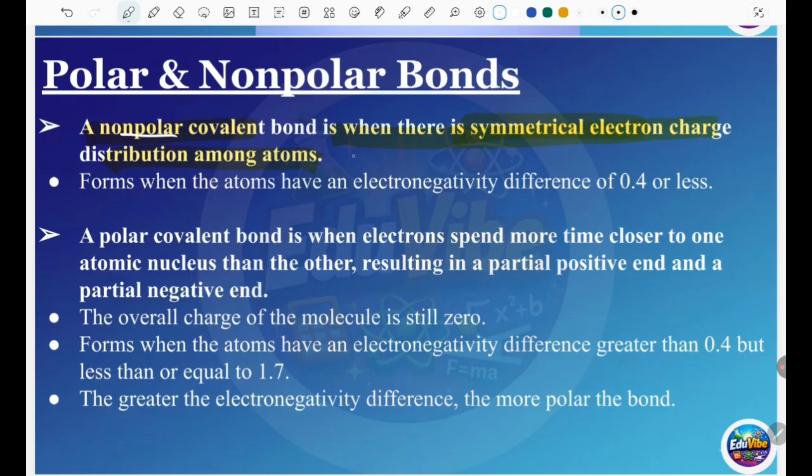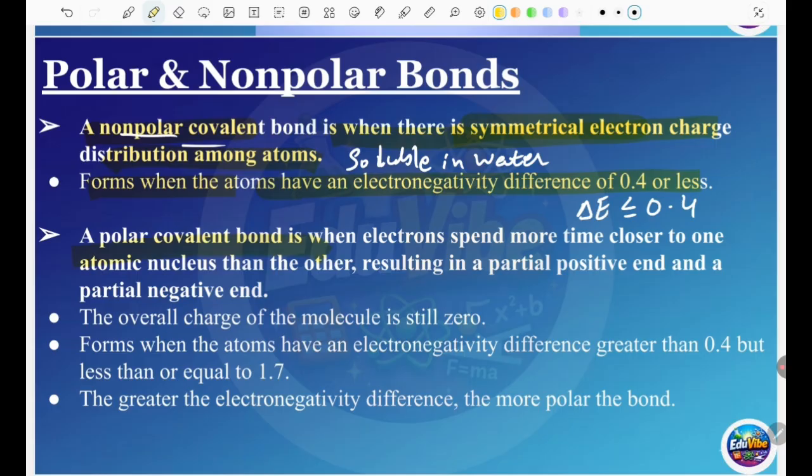It forms when the atoms have an electronegativity difference of 0.4 or less. So when the electronegativity difference is less than or equal to 0.4, this is the non-polar covalent bond.